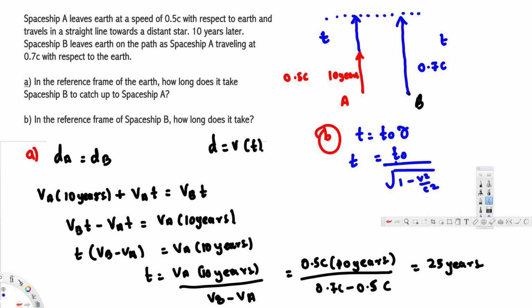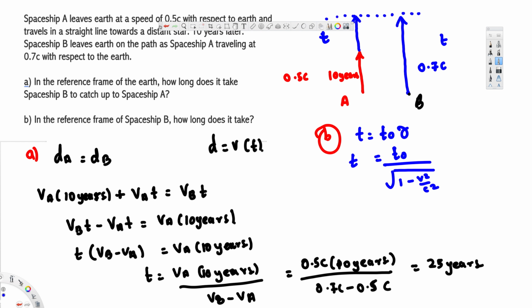So this is equal to T, and relative to Earth we found that to be 25 years. We are trying to find T naught, the time in the reference frame of the spaceship. T naught is going to be equivalent to 25 times the square root of 1 minus V squared over C squared.